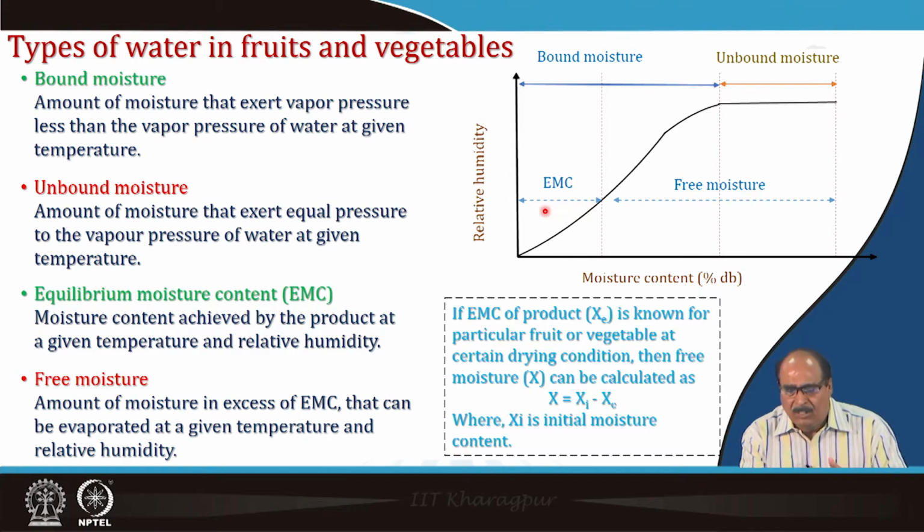So, if the EMC of a product, Xe, is known for a particular fruit or vegetable at a certain drying condition, then the free moisture can be calculated from the equation X = Xi - Xe, where Xi is the initial moisture content of the commodity.